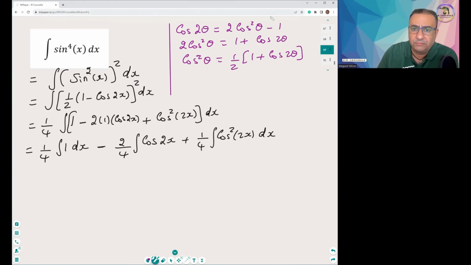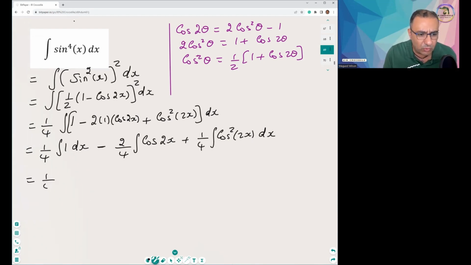Now compare this with that. We have cosine squared, and theta here is 2x. So here it is going to be 1/2 multiplied by 1 plus cosine 2 theta, which is 2 multiplied by 2x, which is 4x. So let's continue. I can right away implement the integration of 1/4 times 1.